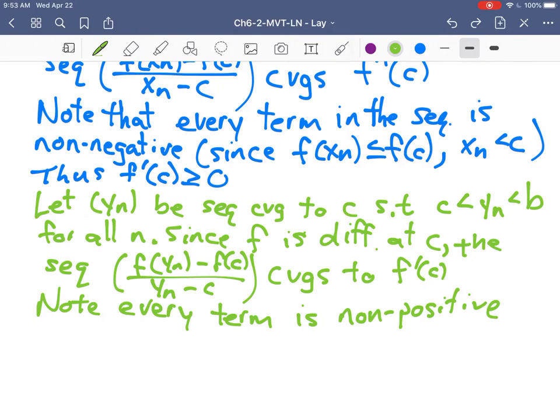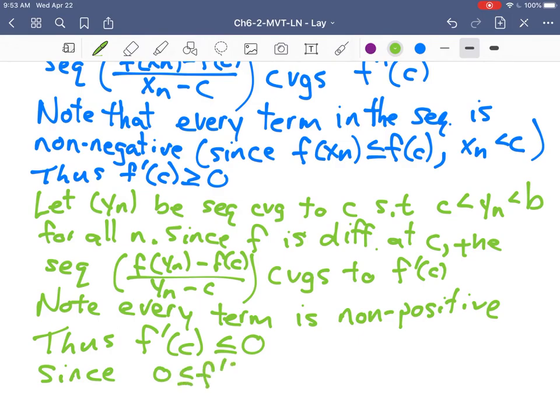And so we get f prime of c is less than or equal to 0. Since we have 0 is less than or equal to f prime of c, and f prime of c is less than or equal to 0, then f prime of c has to be equal to 0.